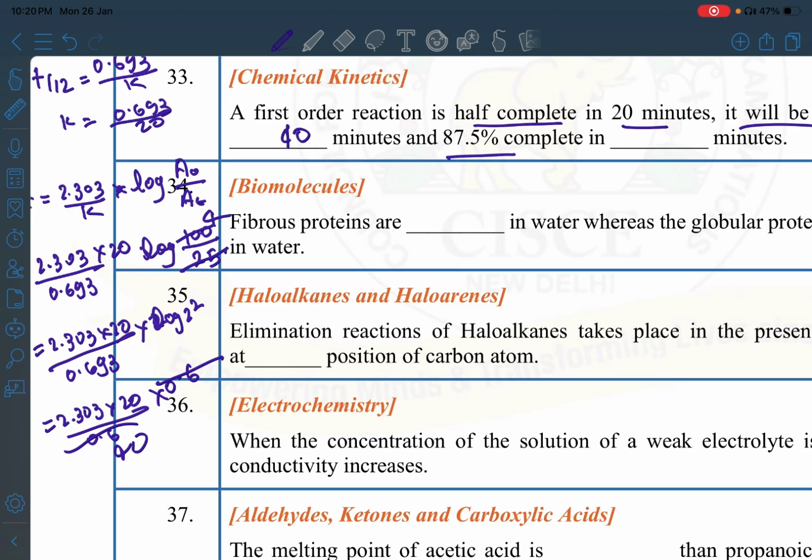Now instead of 75, we have to put 87.5 here. So 100 minus 87.5 becomes 12.5.